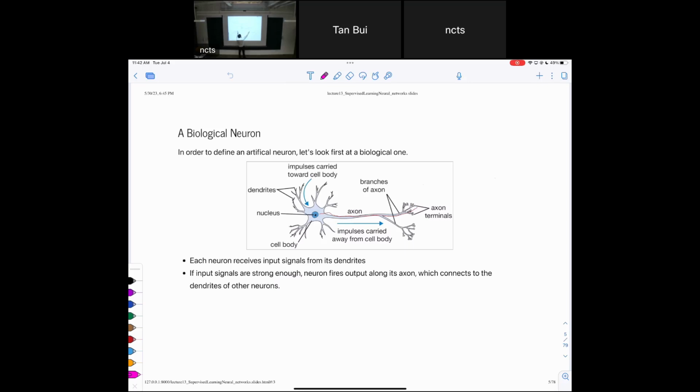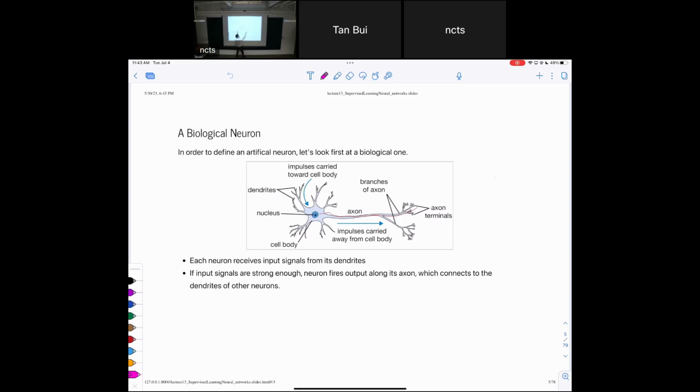What the neuron in reality does is that when the potential difference in electric signal between the input and the output of the neuron is over some value, the neuron fires. When it fires, it sends a signal through its axon, which is connected to the dendrites of other neurons.